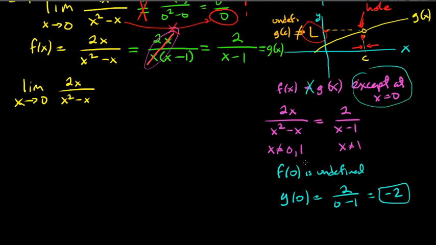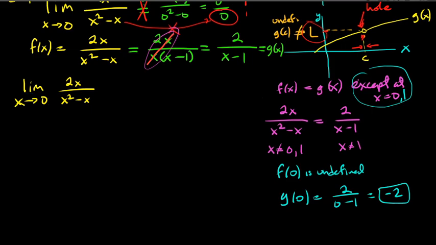But that's the only place they're not equal. Well, you can also say x equals 1, because they're both undefined there. So these are equal except at 0 and 1, I should say. But everywhere else, there's no problem. You can see that was the issue here: x is approaching 0.